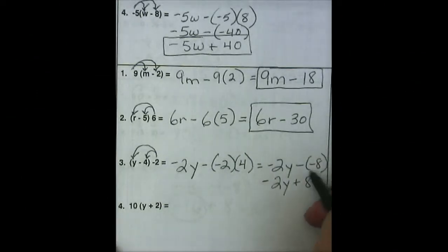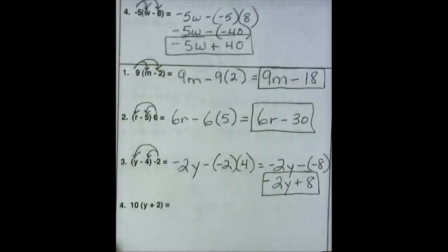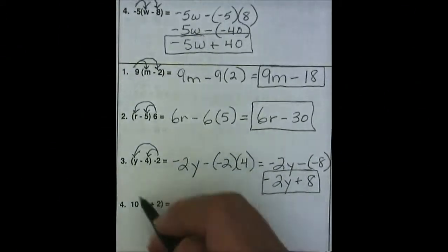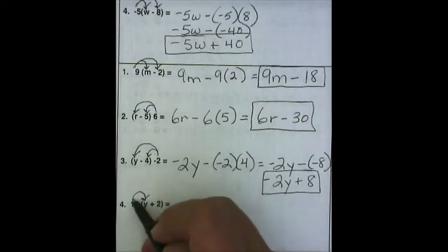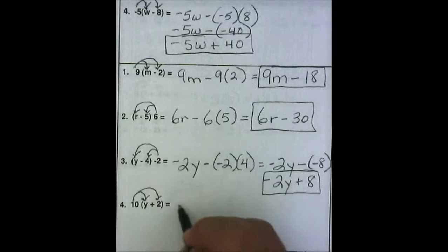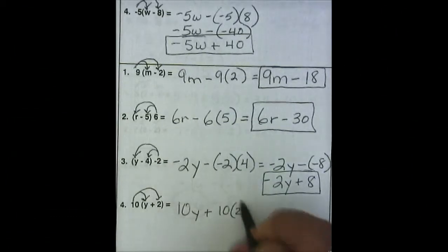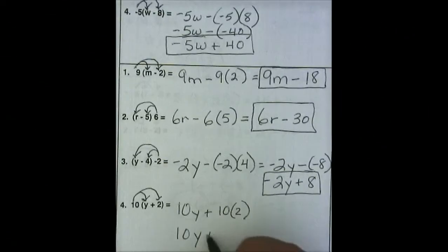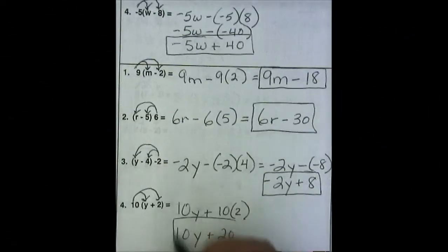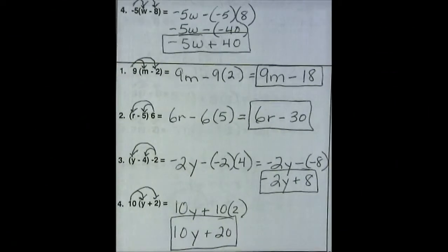Negative 2y plus 8. Number 4, we're going to take 10 times y and 10 times 2. 10 times y is 10y plus 10 times 2, and we get 10y plus 20. So those are the answers to your practice problems. Bring these notes to class tomorrow, and we'll start working on the distributive property together.